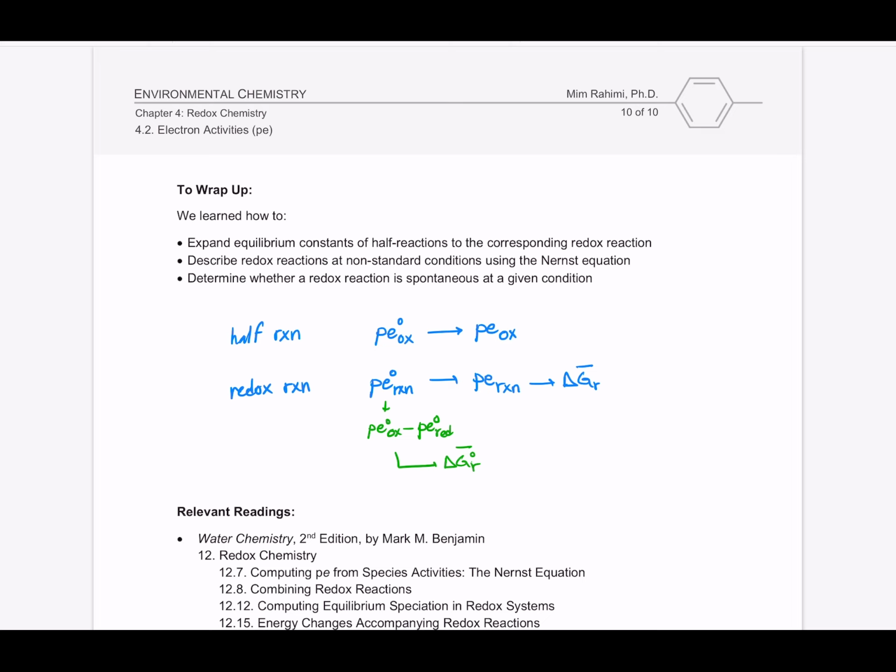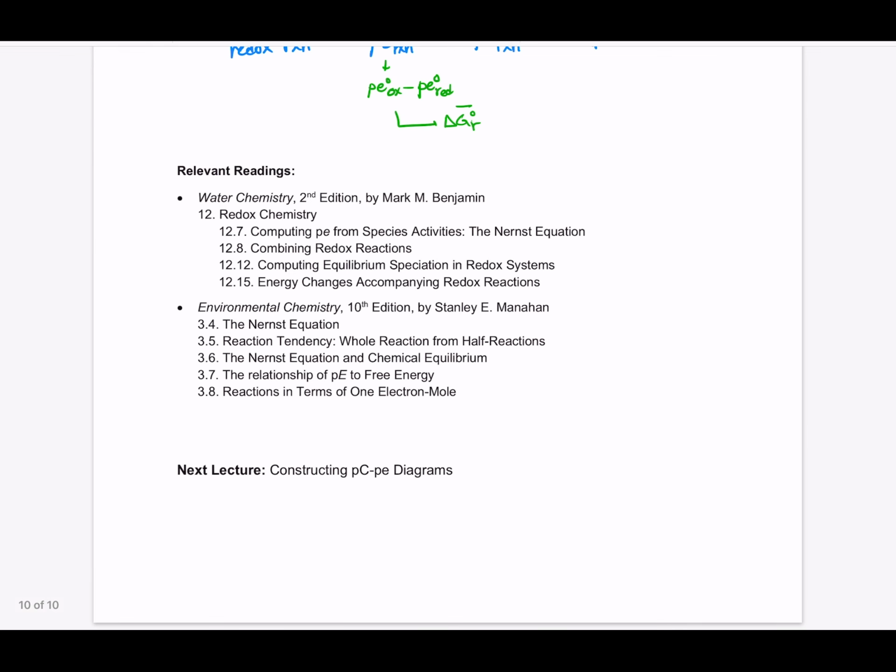Any question? Okay, if not, in the next lecture, so what we did so far in this chapter was, the first one was introductory, balancing the reaction a little bit. This one we focused more on the pE. In the next two lectures, we're focusing on graphs. So how the concentration of species would change if we change the activity of electron, similar to the pC-pH diagram.